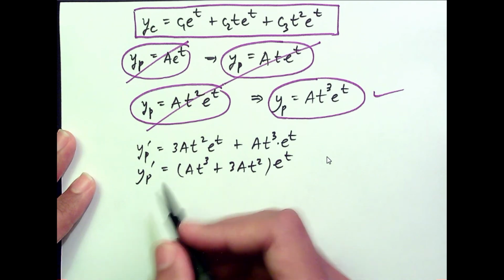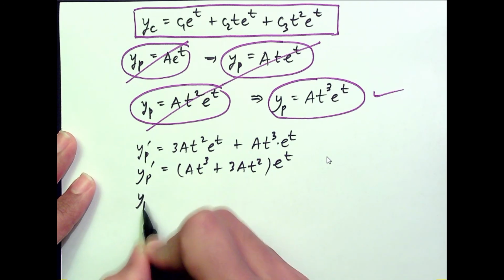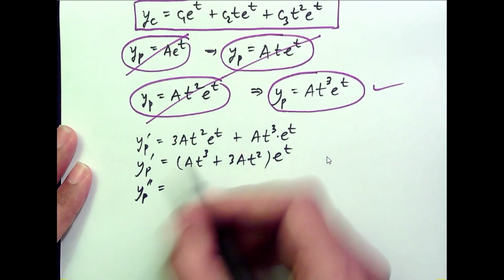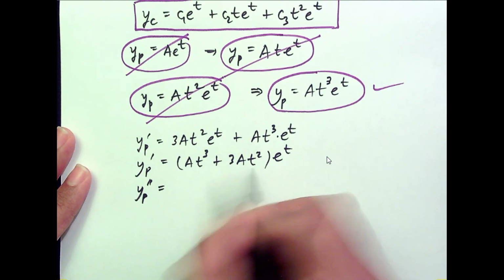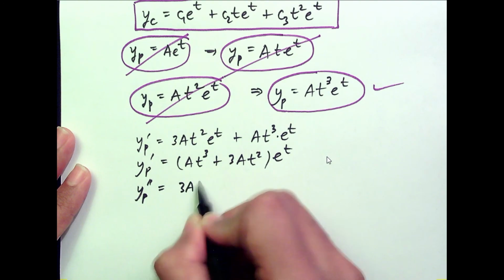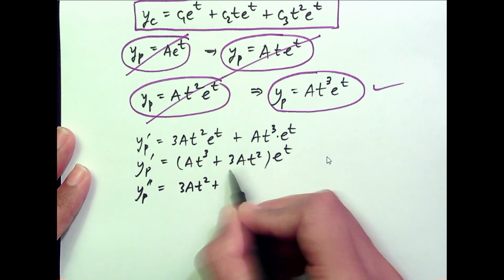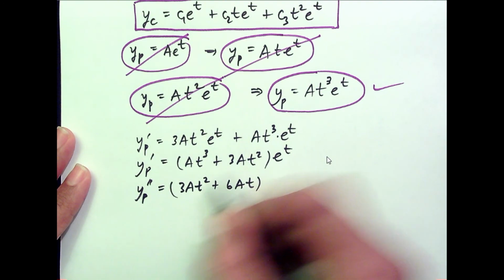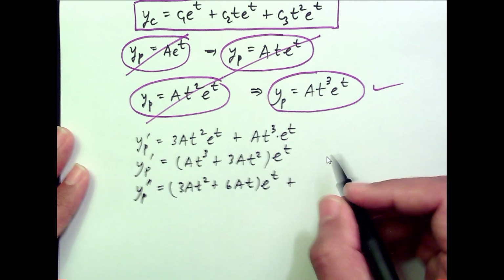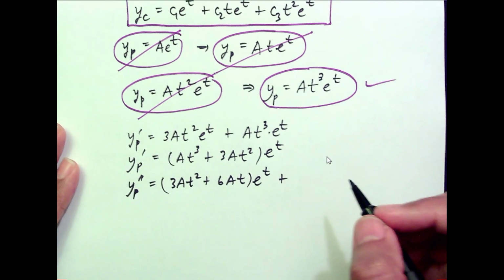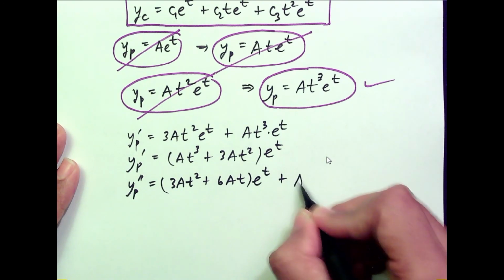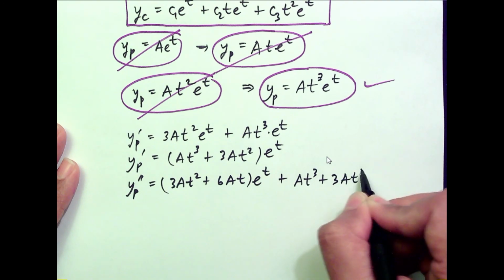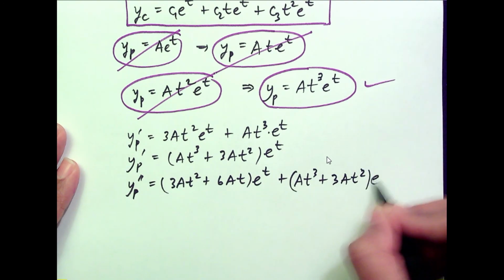Now let's do it again. It's not too bad. Second derivative. The derivative of the first, so this is 3a t squared, and the derivative of that is 6a t, times the second, plus the first times the derivative of the second.